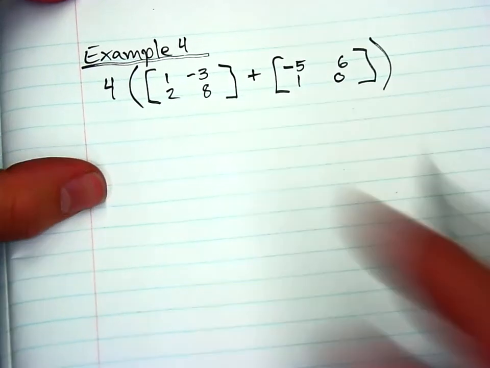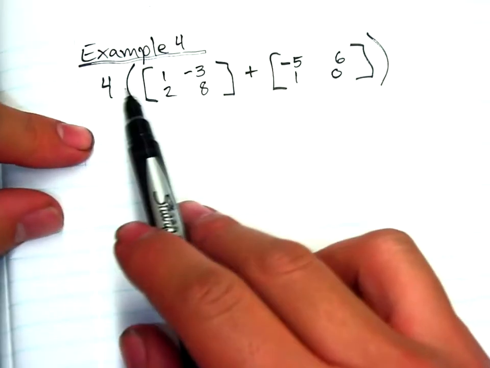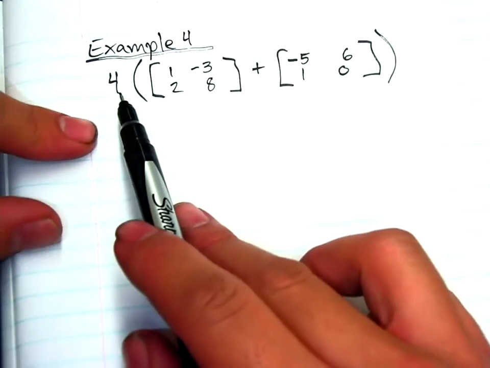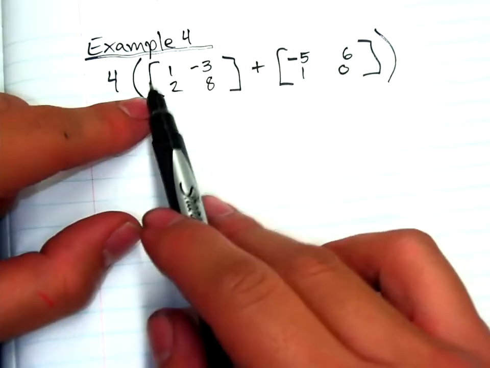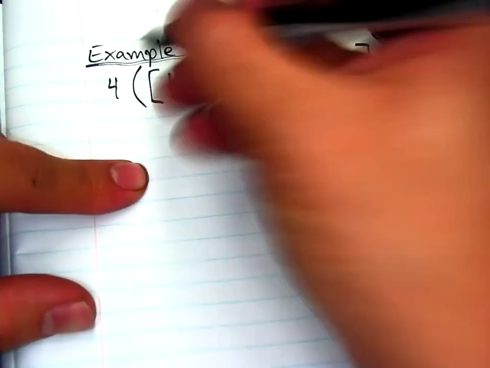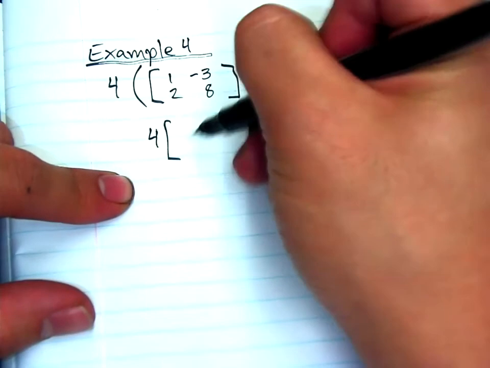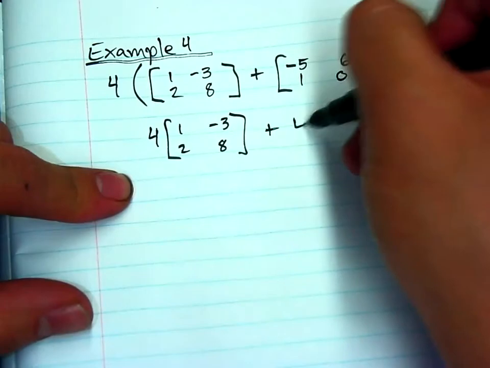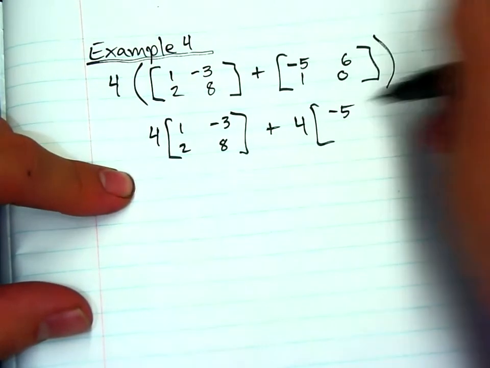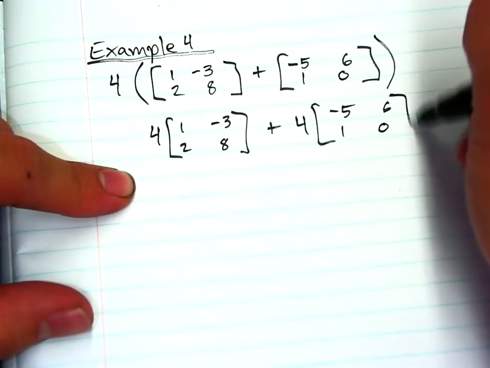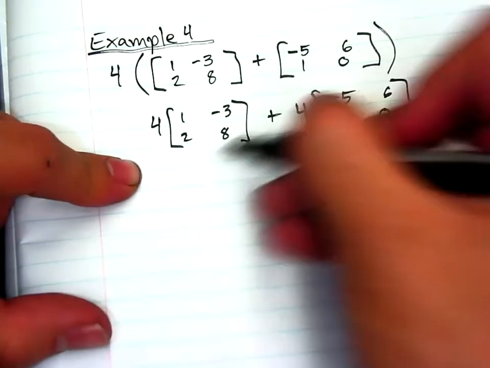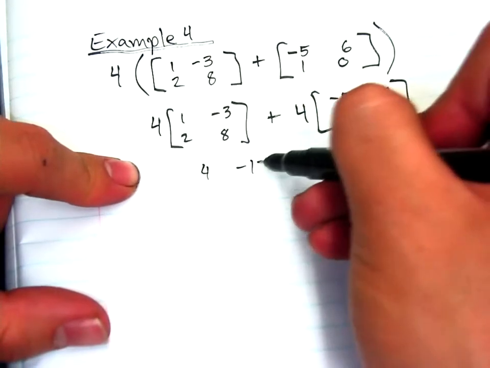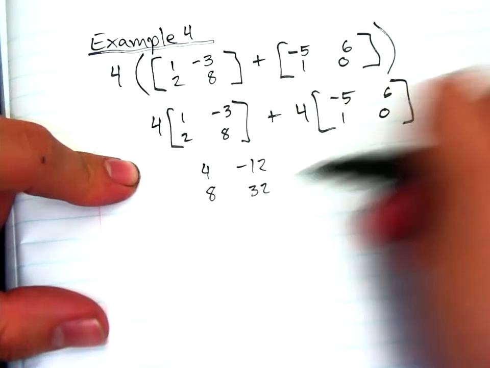And with this one, the idea of it is that we want to distribute the scalar into each one of these matrices first. So we're going to have 4 times 1, negative 3, 2, 8, plus 4 times negative 5, 6, 1, 0. Okay. Distribute it. We get 4, negative 12, 8, and 32.